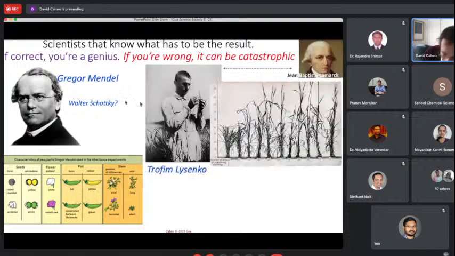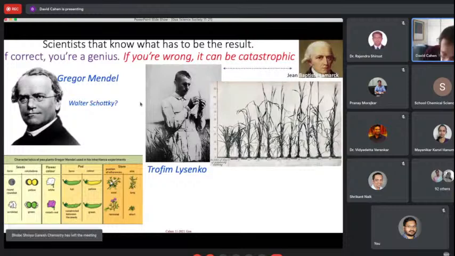But if you're wrong, it can be catastrophic. And the famous example is that of Trofim Lysenko. Lysenko was a Soviet geneticist, agricultural geneticist.